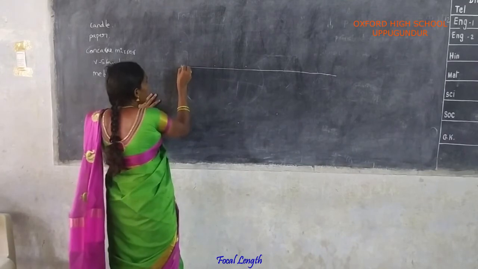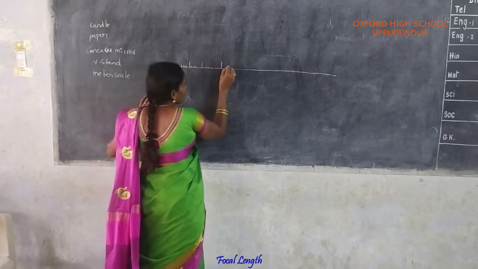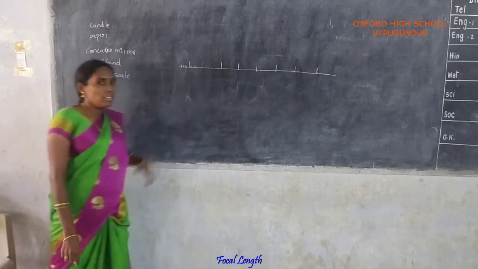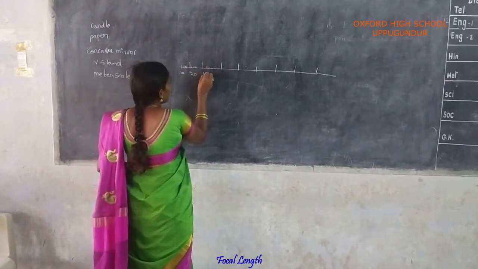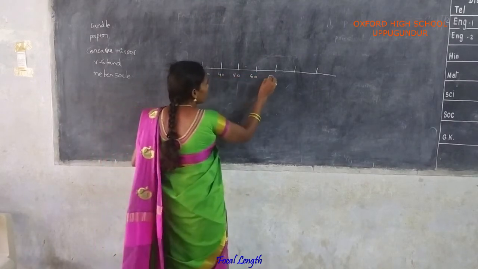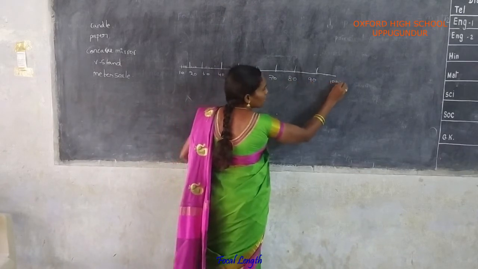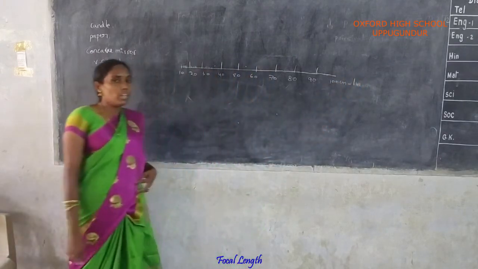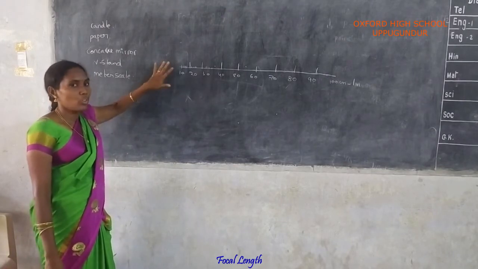Here are 10, 20, 30 centimeters, 40, 50, 60 centimeters, 70, 80, 90, 100 centimeters. 100 centimeters is equal to 1 meter. This is the meter scale. The meter scale is placed on the table.